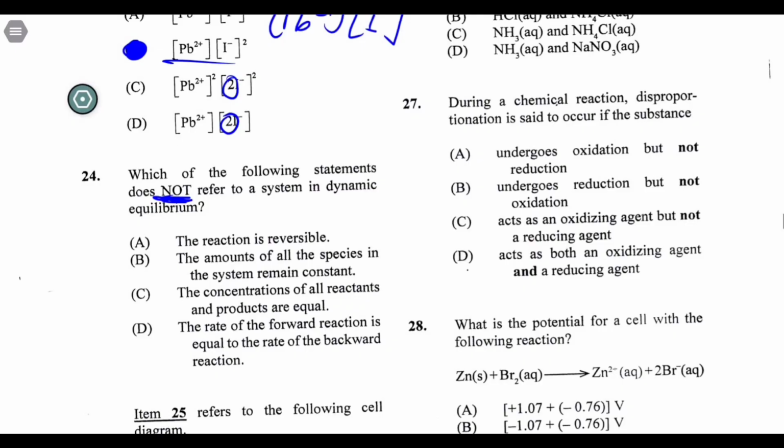B, the amounts of all the species in the system remain constant. Well, that's true, but this needs a bit of thinking, because C says the concentration of all reactants and products are equal, while D says the rate of the forward reaction is equal to the rate of the backward reaction. Now, this is correct undoubtedly, but B and C are kind of confusing my brain.